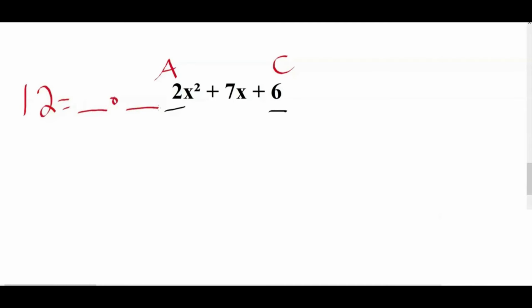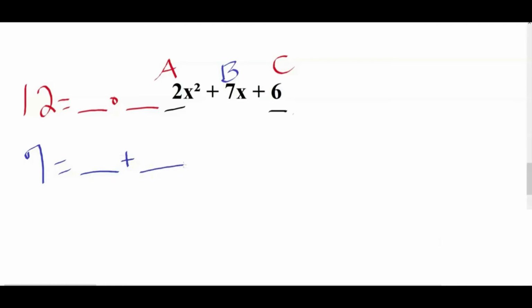So I have to look, and that's going to require me to do an extra step in the end. So 12, I got that from AC, just like we were doing earlier, a times c. And I'm going to be looking for factors of 12 that add to this middle number right here. So what multiplies to 12 but also adds to give me 7.